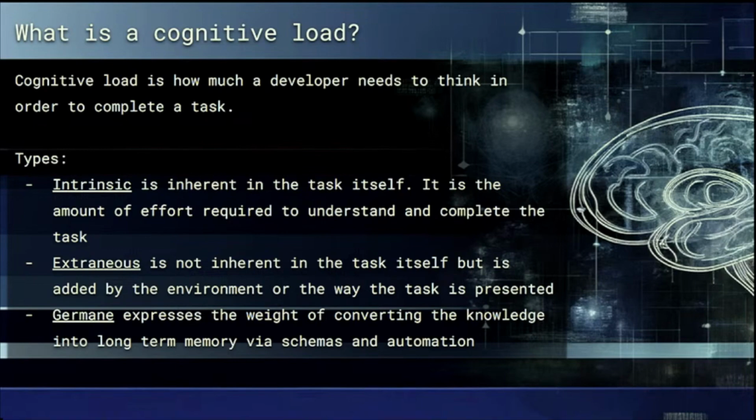So one after another. Intrinsic type of cognitive load. It's the load that you cannot escape from. It's so much tied to the task at hand that it's a constant part of your job.